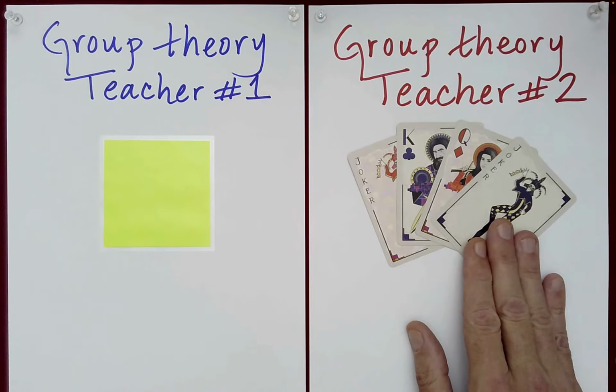Okay, so he shows 4 cards with jokers on the ends here, and some cards in the middle, a king and a queen. And then he asks the class, are there any jokers out there? And of course, some hands will probably go up. And then he says, well, what I have observed regarding jokers is that they always seem to gravitate toward one another. They will always find each other in the end somehow.